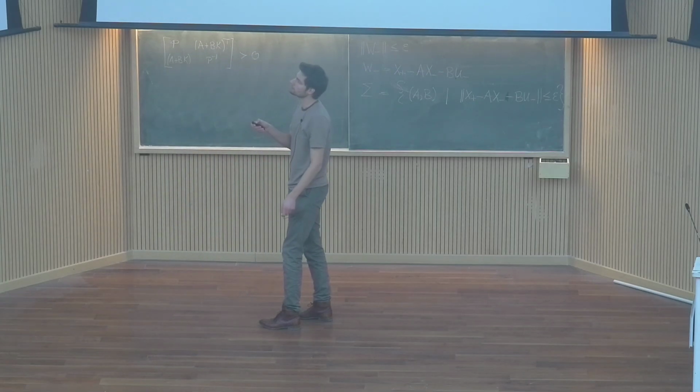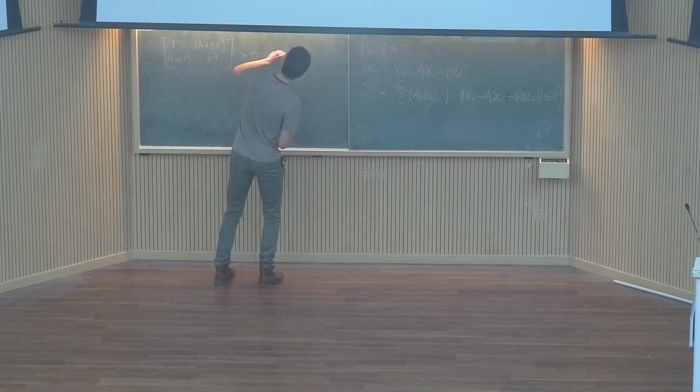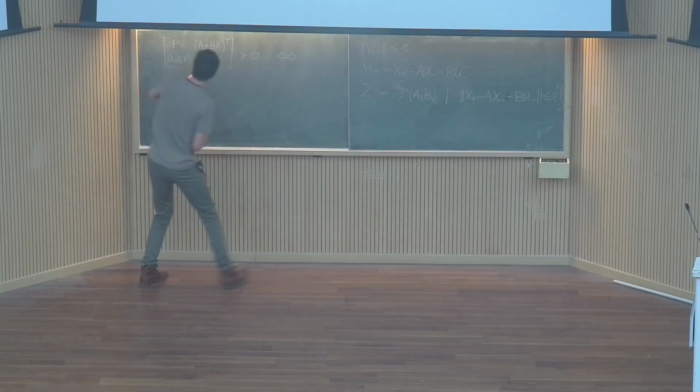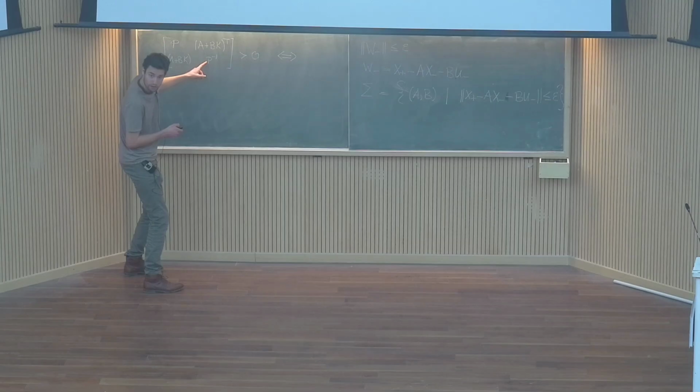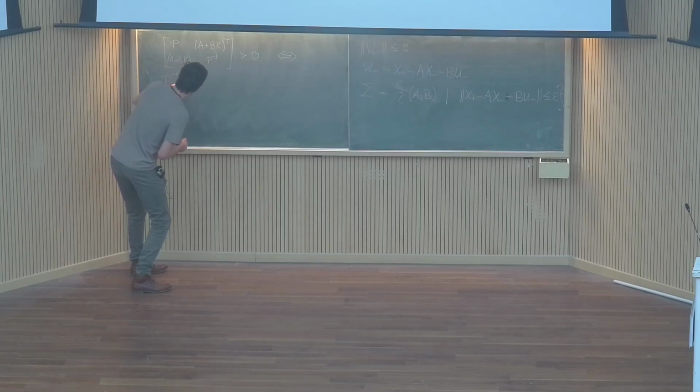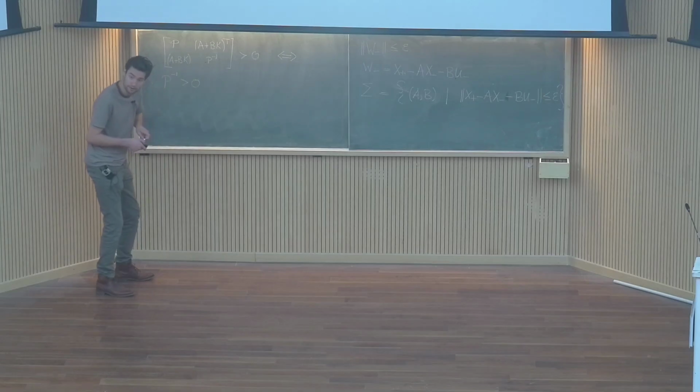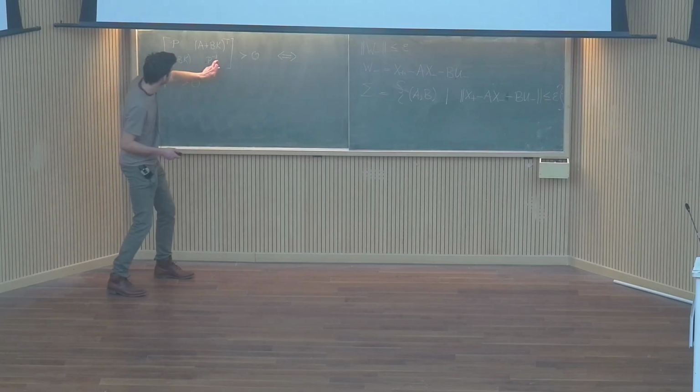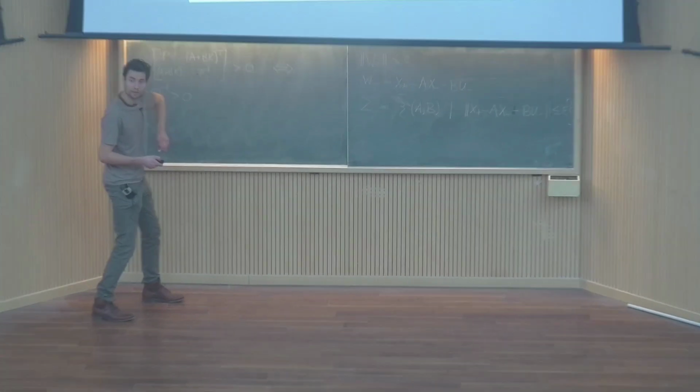Right, by item 1, that's equivalent to saying that the S22 block is positive definite. So P inverse is positive definite. And the Schur complement with respect to this 2-2 block is positive definite.